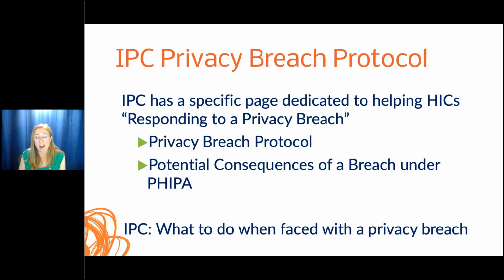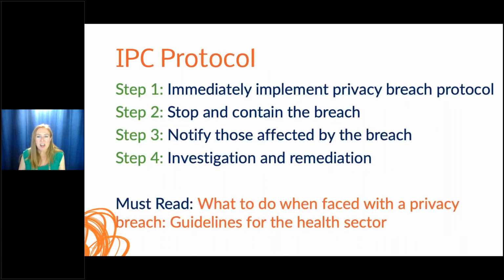If you do have a privacy breach, the Privacy Commissioner of Ontario has some guidelines as to how to take action to respond to those breaches. So I would recommend, if you have a breach or you think you've had a breach, go to the Privacy Commissioner's website. There is something called What to Do When Faced with a Privacy Breach, and they have a recommended protocol of 4 steps.